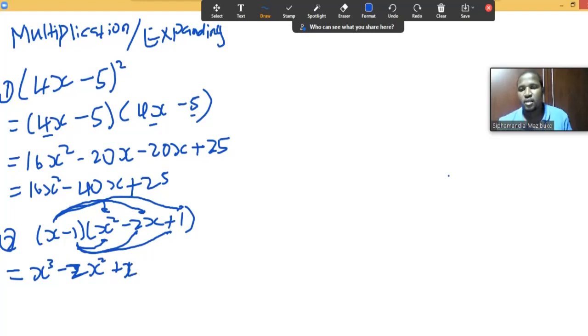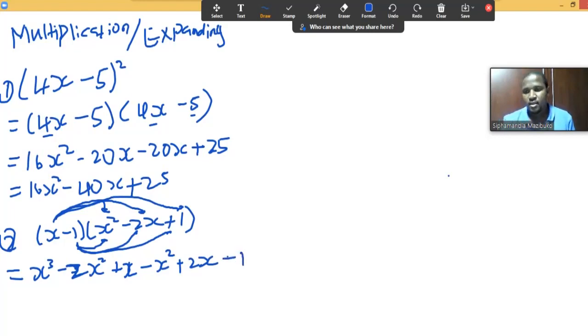Then minus 1 times x squared gives us minus x squared, minus times minus 2x will give us plus 2x, and then minus 1 times positive 1 will give us minus 1.